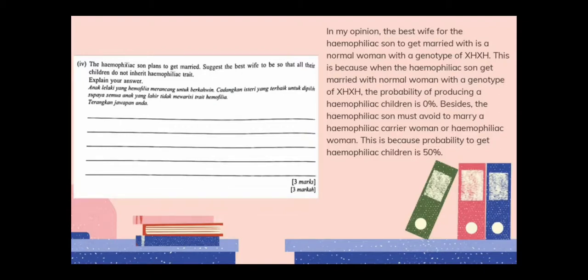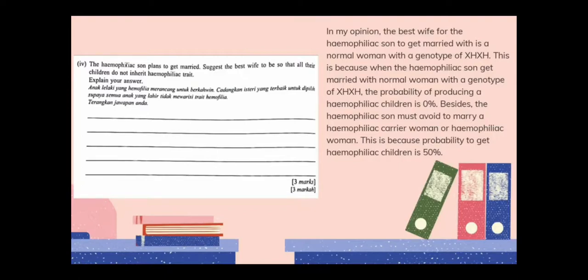In my opinion, the best wife for the hemophiliac son to marry is a normal woman with a genotype of XHXH, where the H is a capital letter. This is because when the hemophiliac son marries a normal woman with a genotype of XHXH, the probability of producing hemophiliac children is 0%.